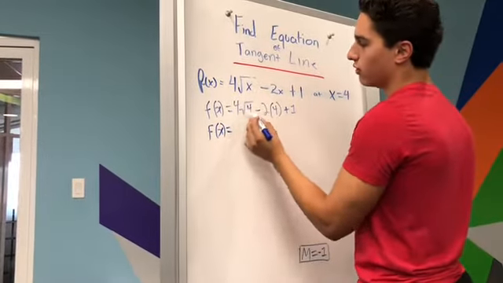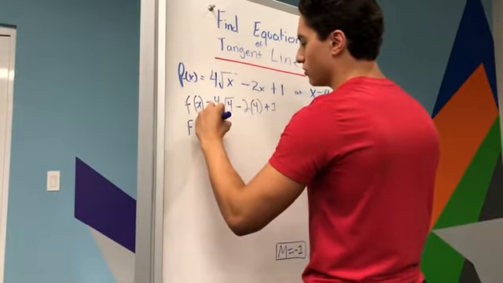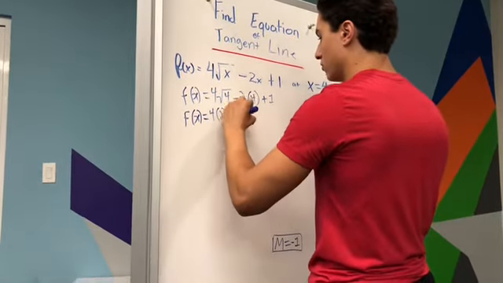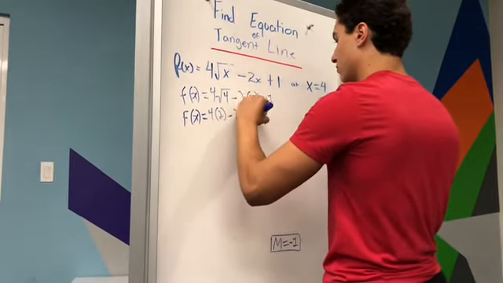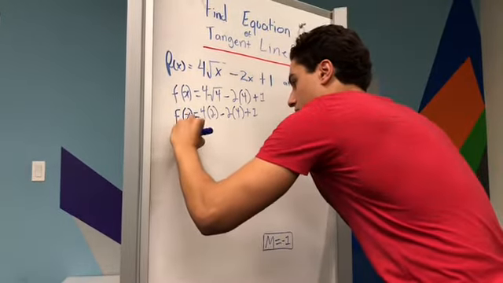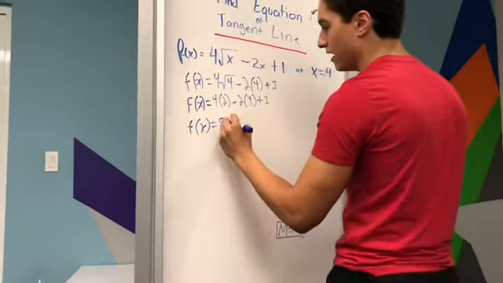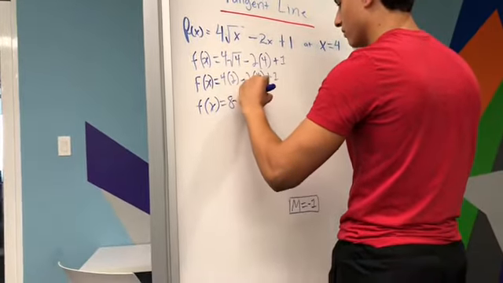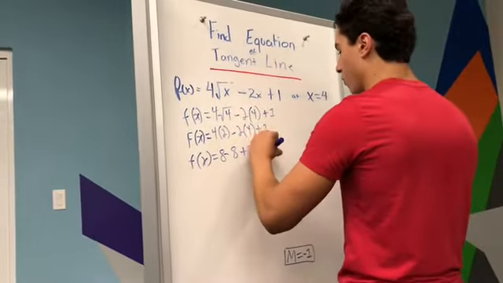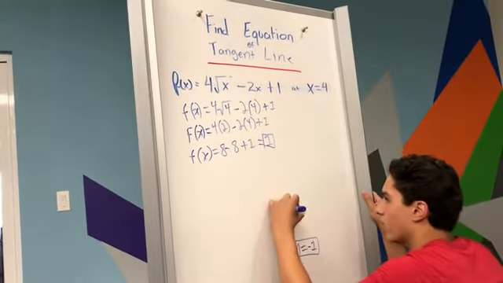So this square root of 4 equals 2, so it's gonna be 4 times 2, gonna give us 8 minus 8 plus 1. But this gives us a 1. And this is our y.